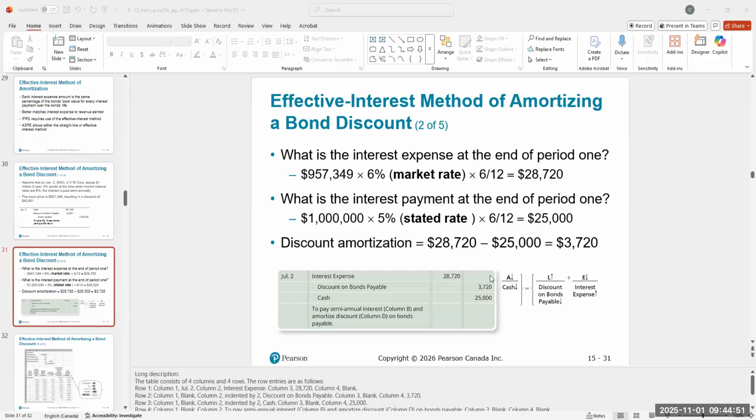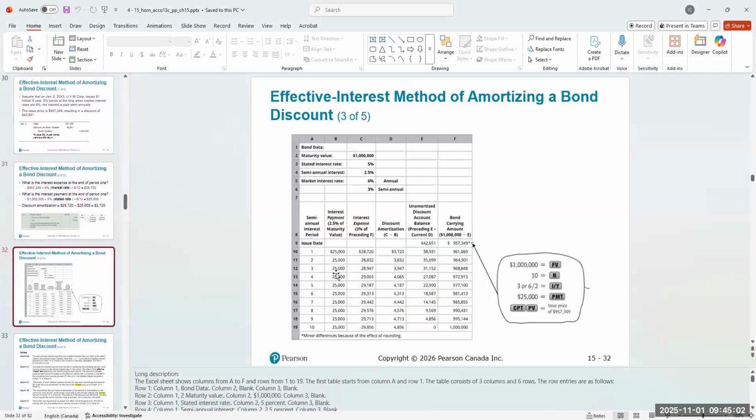So that's how you're getting the interest payments here. If we go to the table that we prepared with $1 million, again, the interest payment is never going to change.